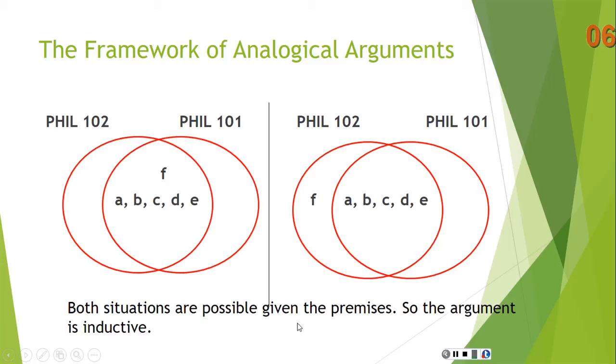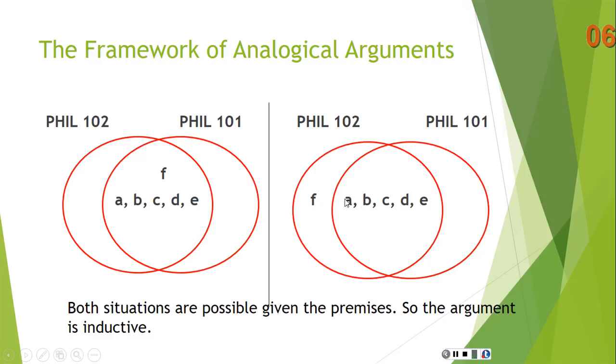So the argument is inductive. So on this side, A, B, C, D, and E were supposed to be in common, or they were known to be in common, and then we inferred F. It's possible that F is in common for both Phil 101 and Phil 102.